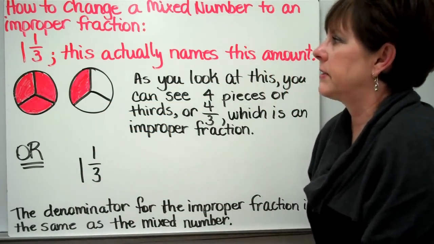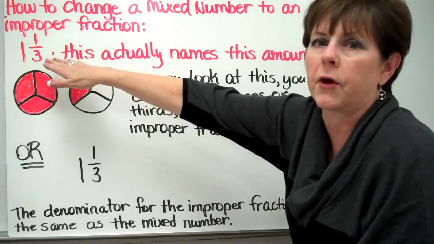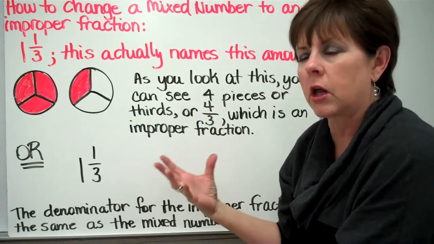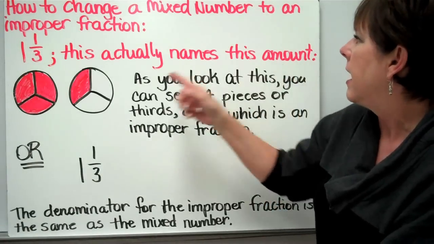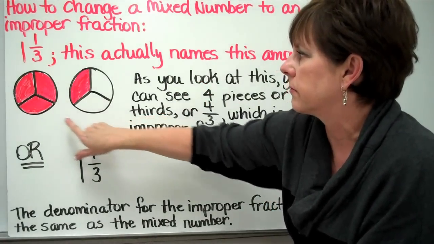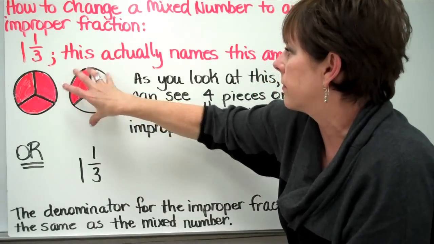For example, let's look at a mixed number. This is 1 1/3. What would that really look like in a real visual representation? This names this amount. Here's 1, here's 1/3.